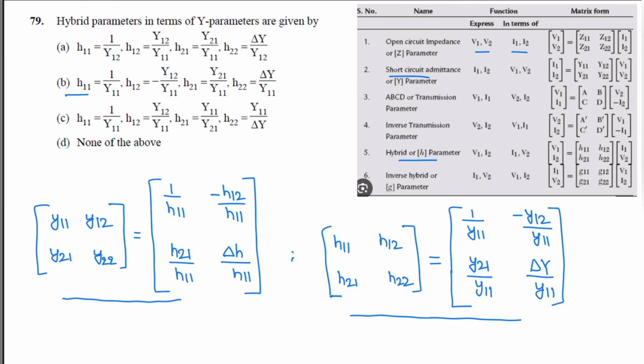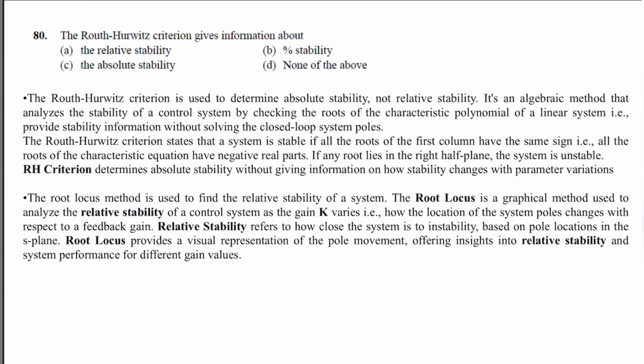The Routh-Hurwitz criterion gives information about absolute stability. So let us see this RH criteria. This RH criteria is used to determine the absolute stability but not relative stability. It is an algebraic method that analyzes the stability of a control system by checking the roots of the characteristic polynomial of a linear system.